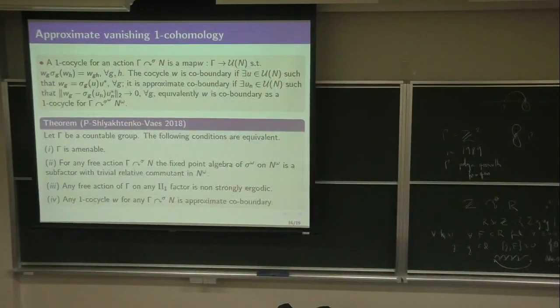So if gamma is amenable, then indeed, for any free action of the group gamma on a II1 factor, any one cocycle W for any gamma action on a II1 factor is approximately coboundary, or if you prefer, it's really a true coboundary as an action on N omega, as a cocycle for sigma omega.